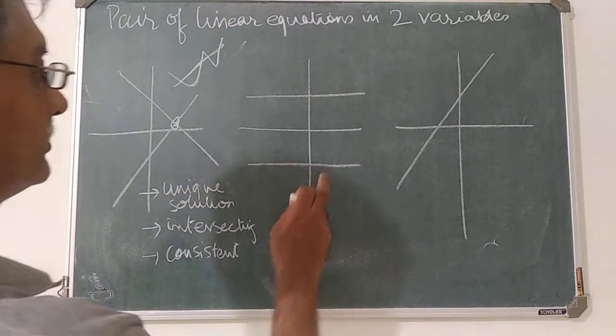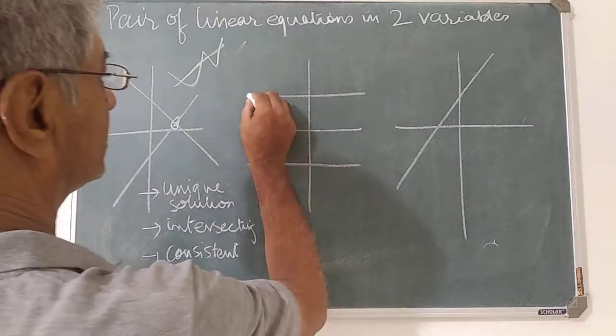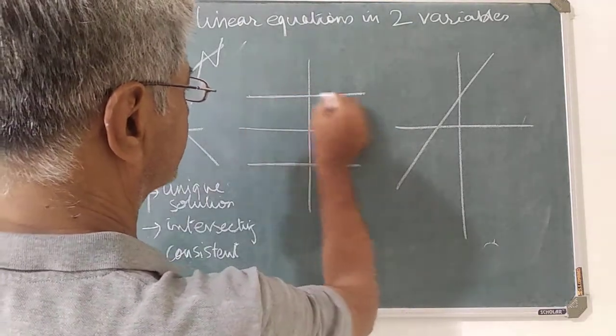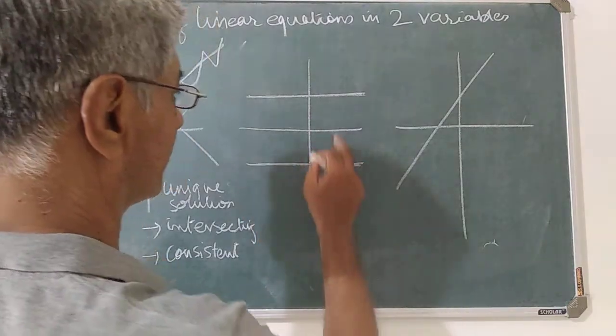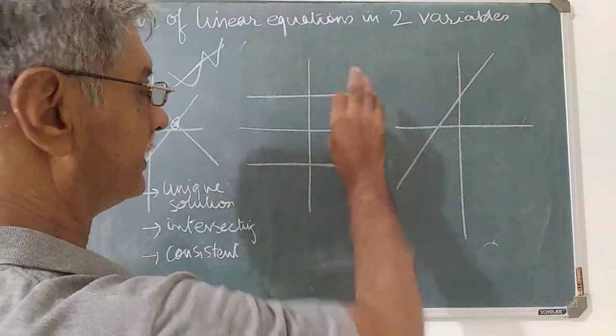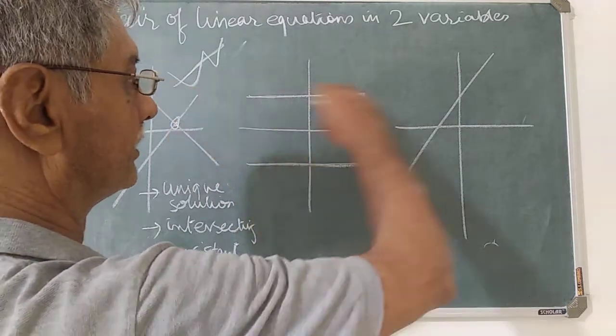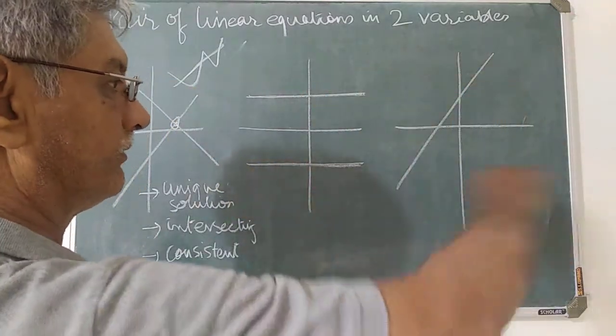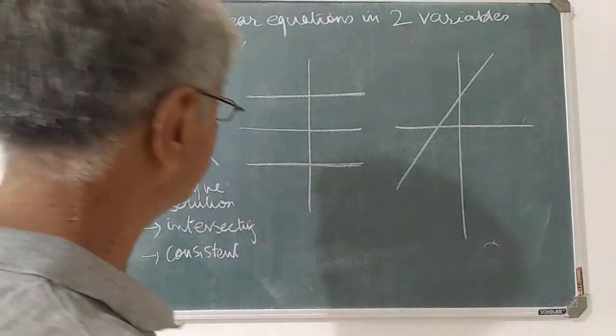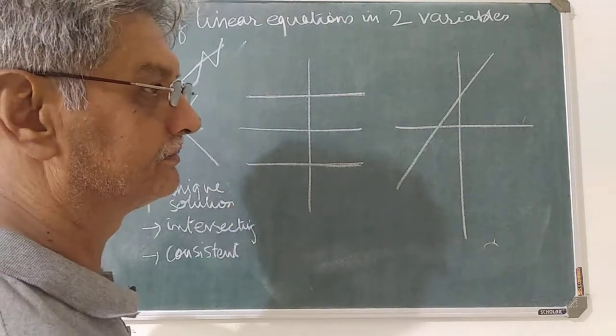Now let us see this one. There is one line which is like this, the other line is this. They are parallel, it never intersects. It goes from here to Delhi and from here to Delhi, both, but it never meets.